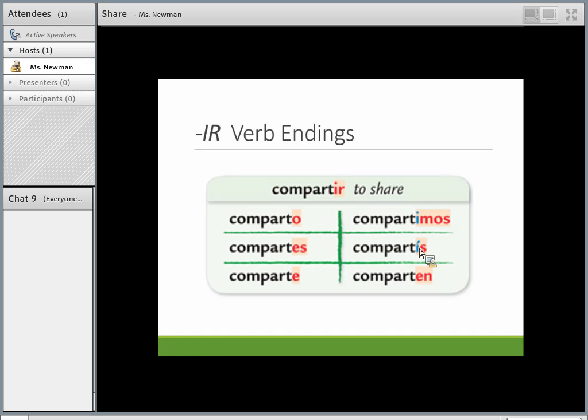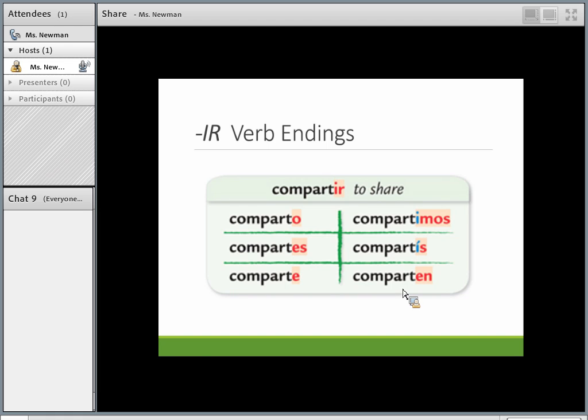Okay, something important to remember here. If you see comparten, that doesn't just mean share. There's a person associated with comparten. There's a subject pronoun. Which one is it? Ellos, right? Or ustedes.